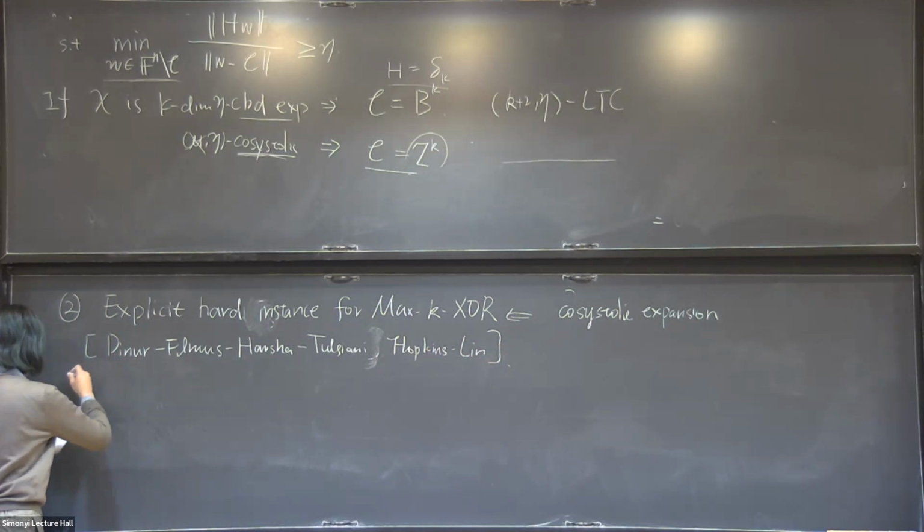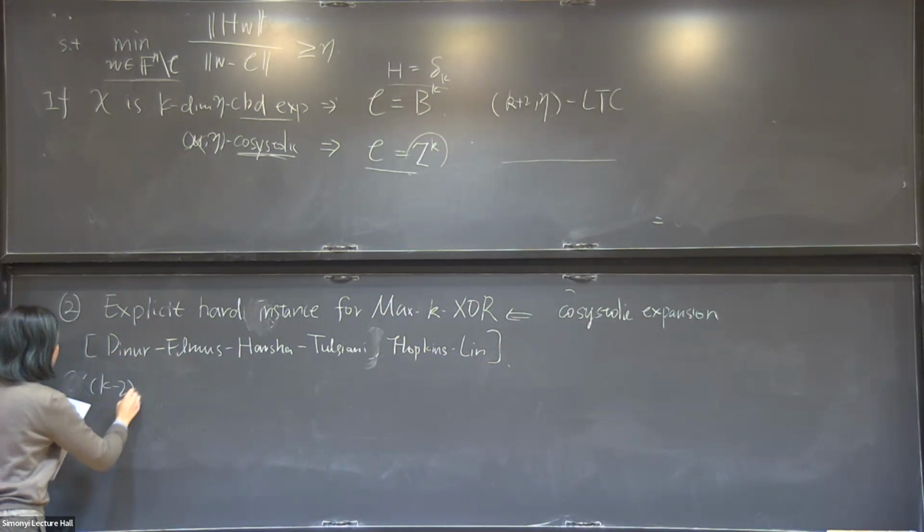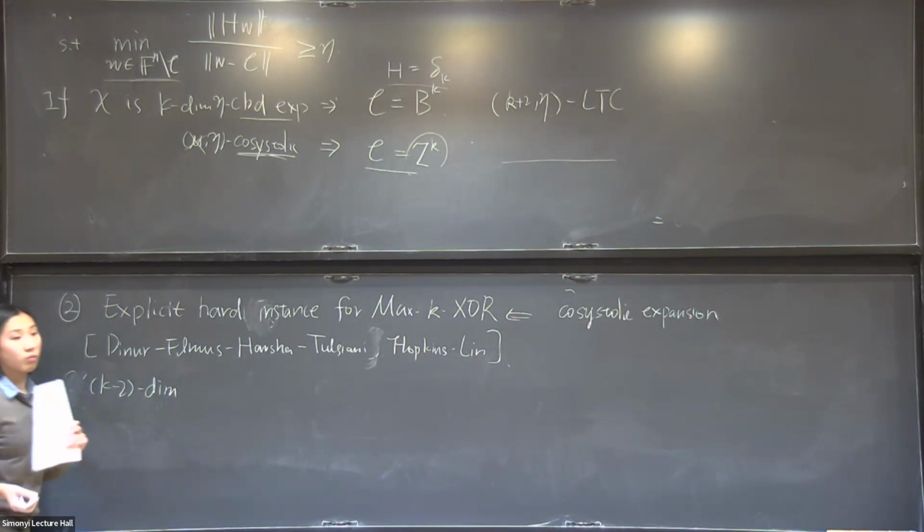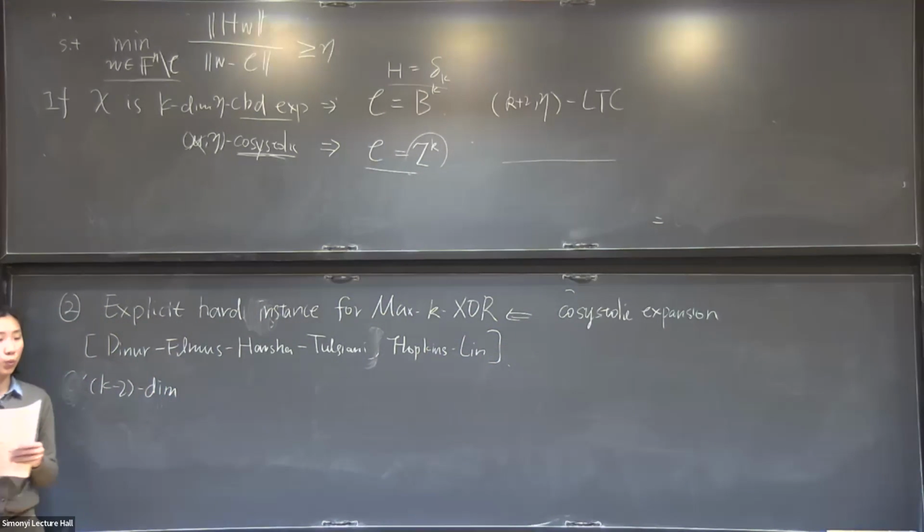Okay. For instances, if I'm given a k minus 2 dimension... So maybe you just want to say what the problem is. You are given just a system of k-linear equations. You want to say that it's hard to approximate the number of equations satisfied by the best assignment.